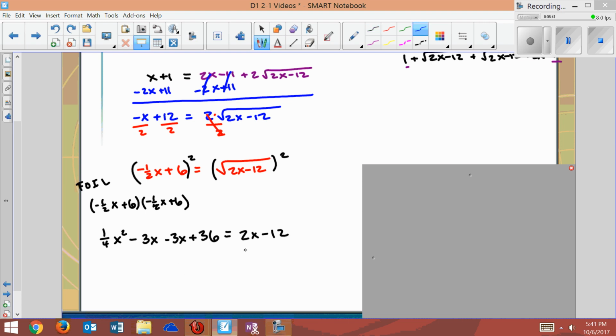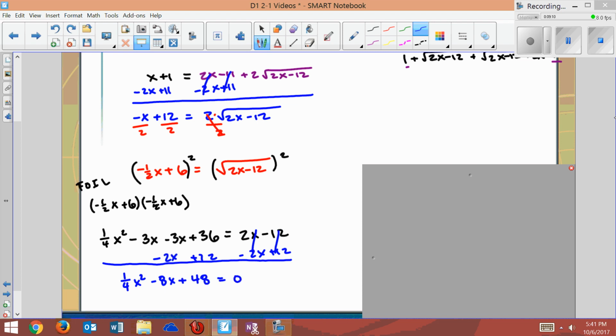And in the process, I'm going to subtract 2x over. So all these are going to combine. I'll have negative 1/4 x squared minus 3x more is negative 6x minus 2x more is minus 8x. And then I'm also going to add 12, add 12. That gives me 48. All that equals 0.